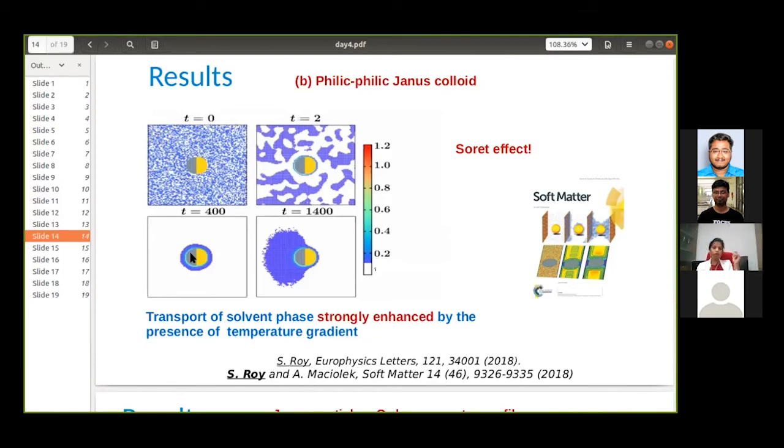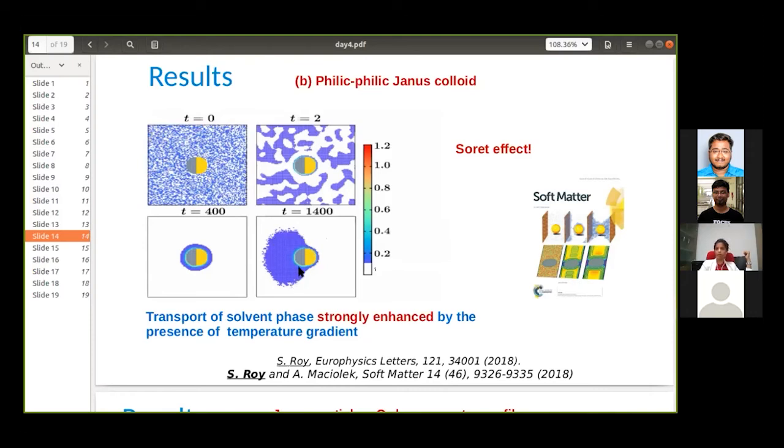Now say at t equal to 401, I turn on the laser. From t equal to 400 onwards, whatever is going on is in the presence of the surface effect as well as a temperature gradient. So there are two things which are now going to be important. If you wait for a long time, at a very late time, you see a very asymmetric structure formed around the particle.